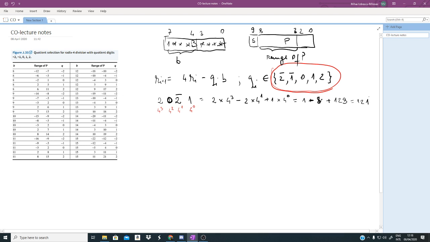But of course, we cannot encode these digits with bits, right? Because in the binary system, we only have 0 and 1. We don't have minus 1, minus 2, or 2, right?